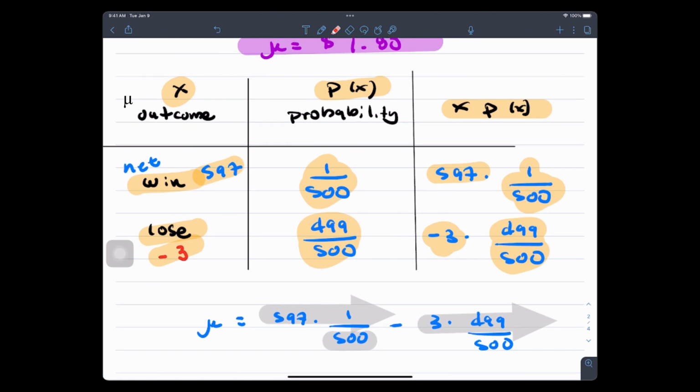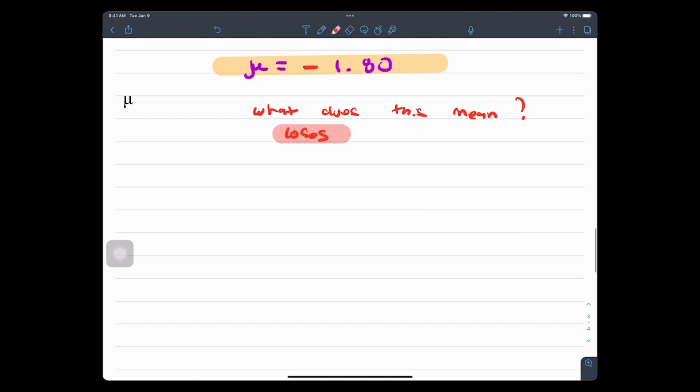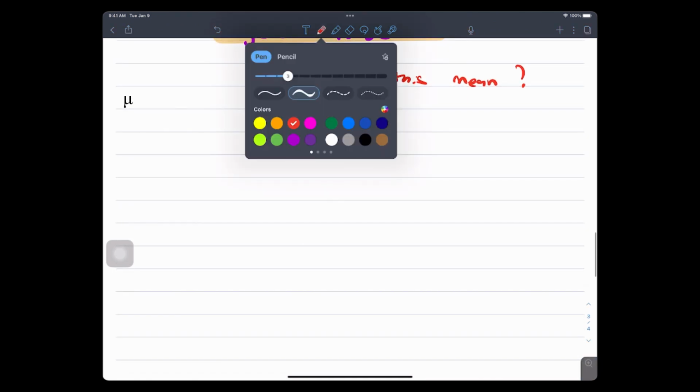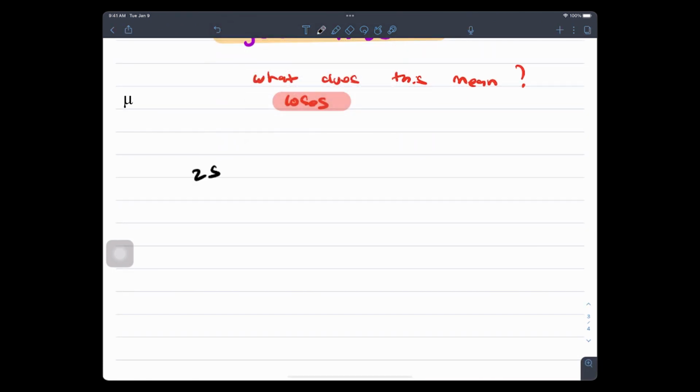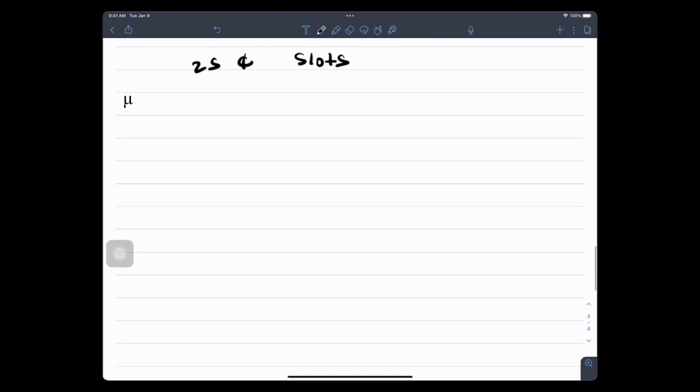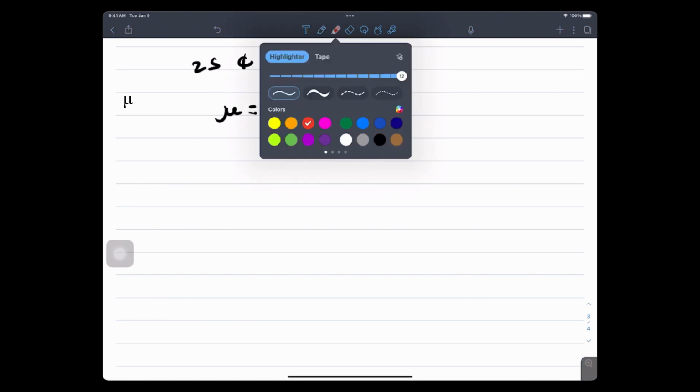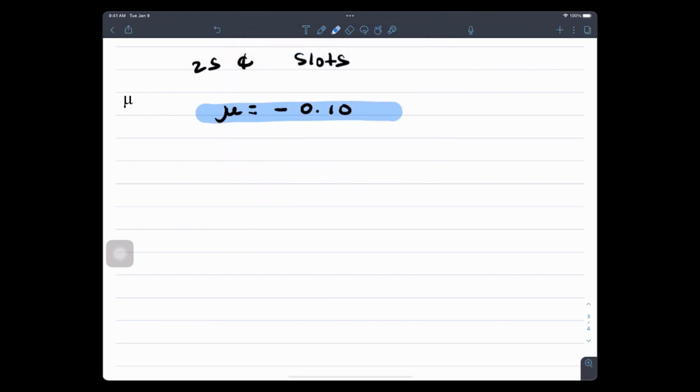Expected value. So let's go back to Vegas again. You said, you know what, Mr. Judge, I love the slot machines. Maybe you say, I love the 25-cent slots. Every game in Vegas is a negative expected value game.